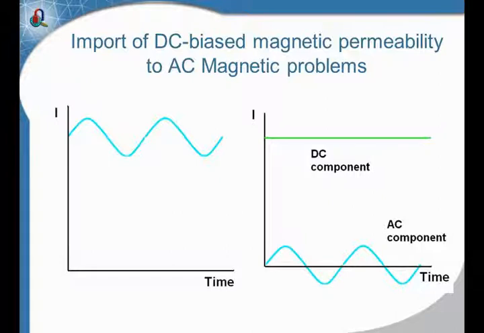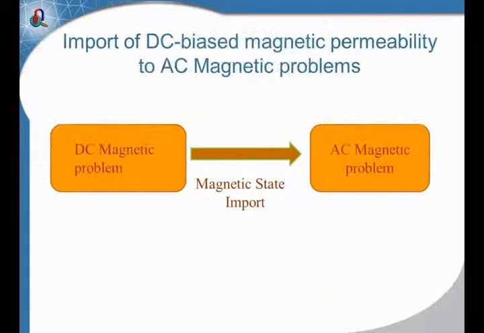Previous versions of QuickField required the full-scale transient electromagnetic study to be applied for such cases. But now it is possible to solve this problem in 2 steps. First, we should solve the DC magnetic problem, where the DC bias will be taken into account and all materials will be driven into the actual levels of magnetic saturations.